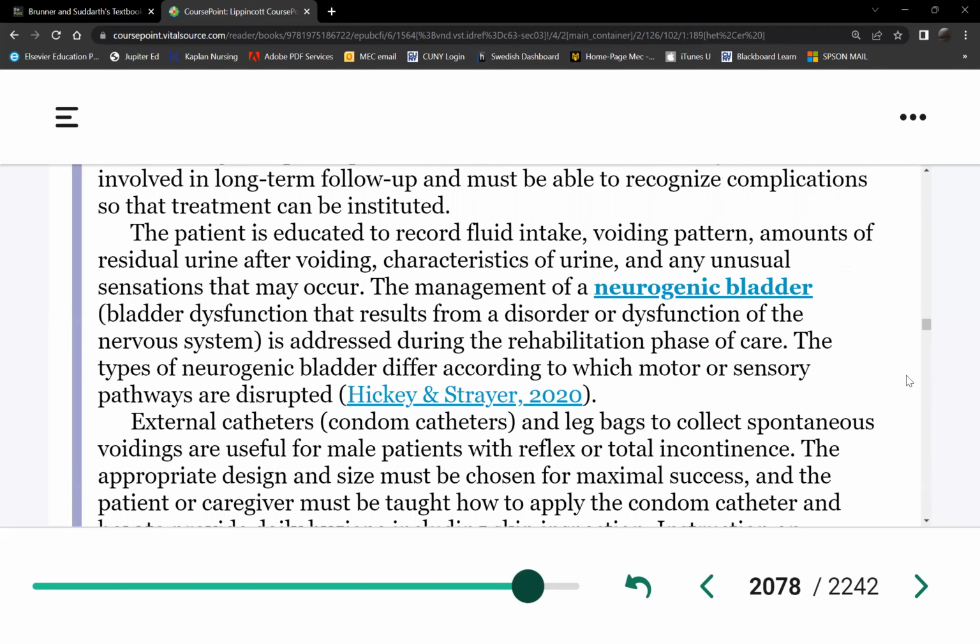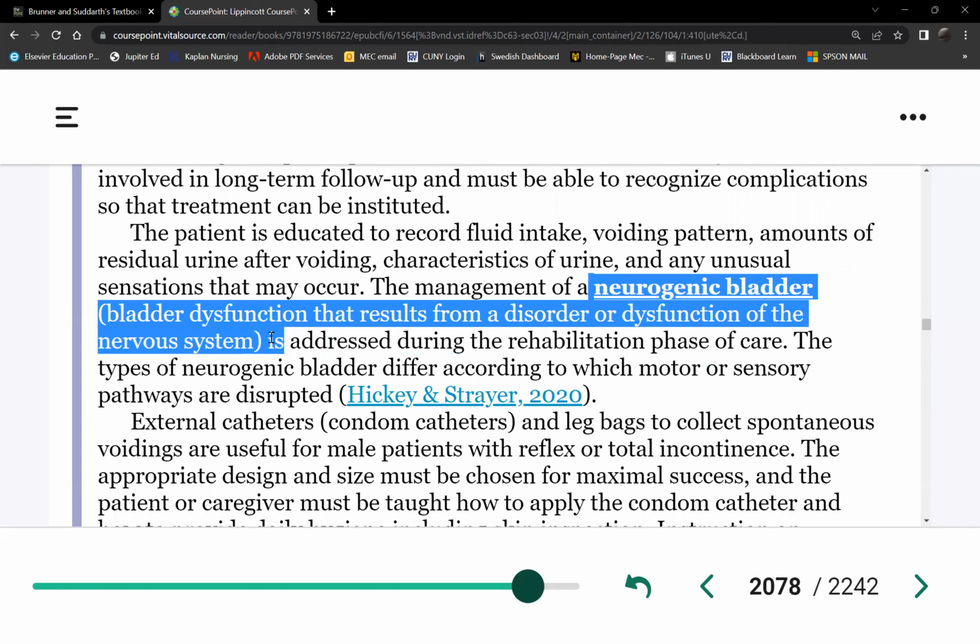Most spinal cord injury patients, cervical to high cervical, will of course have a neurogenic bladder. That means the bladder does not contract at all, because the spinal nerve supplying the bladder is affected, so the bladder no longer contracts.